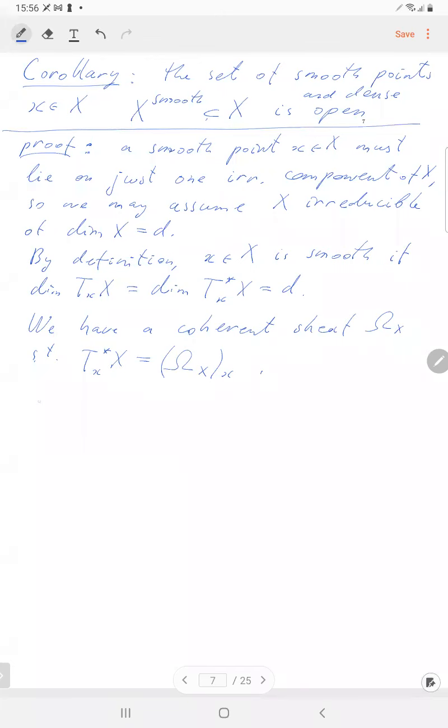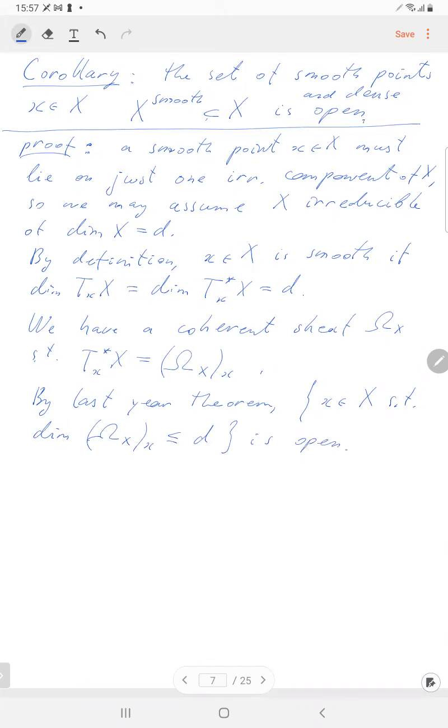So by the last theorem, the set of points x such that the dimension of the fiber is less than or equal to d, or to an arbitrary number, but say d, is open.